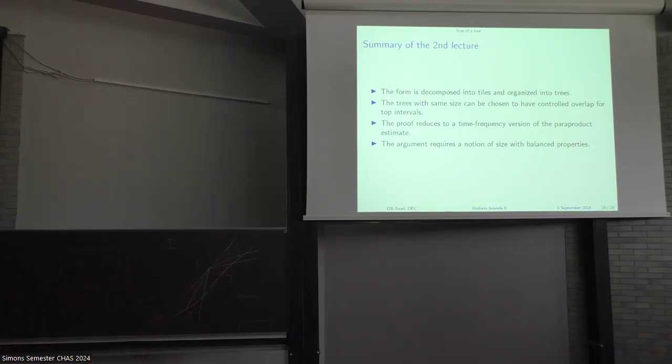The core part is independent of other trees. The boundary part is the one that talks to the others. And then we have to define the size, which has balanced properties. It must be large enough to control all the phase space stuff inside, and small enough so that we have the bound by the key.